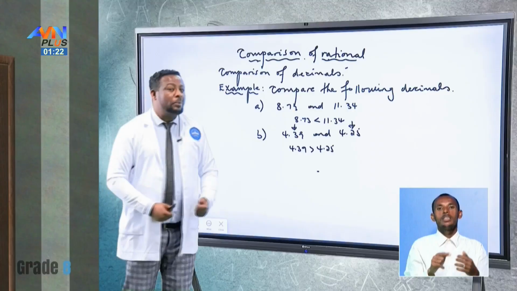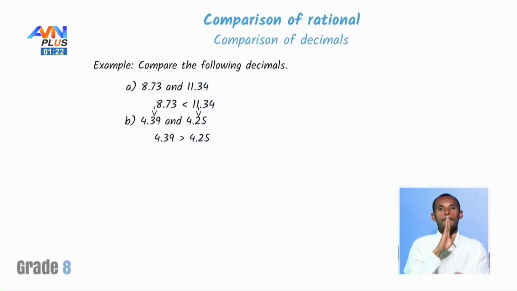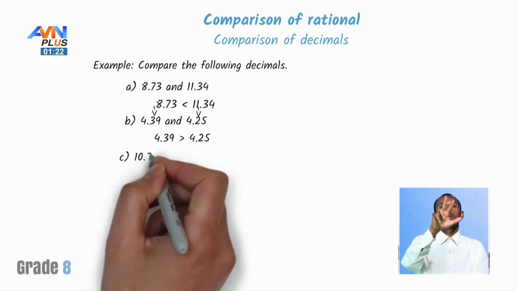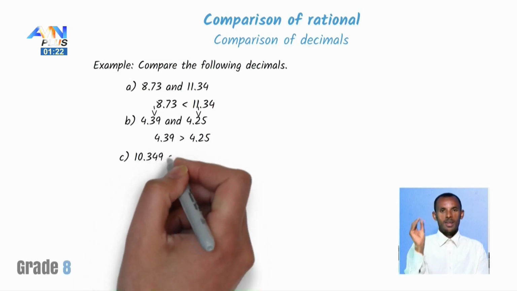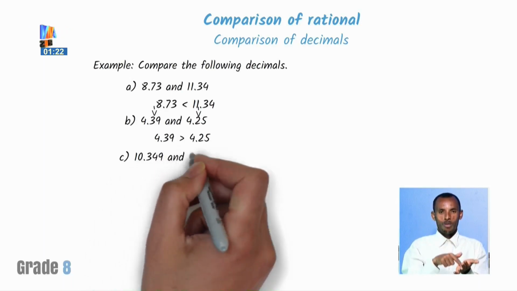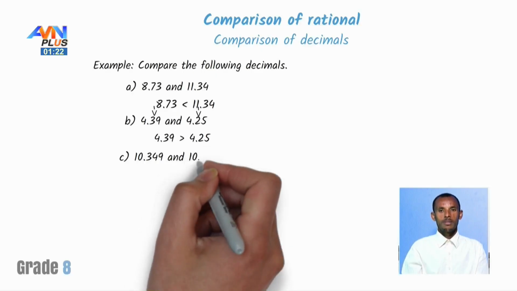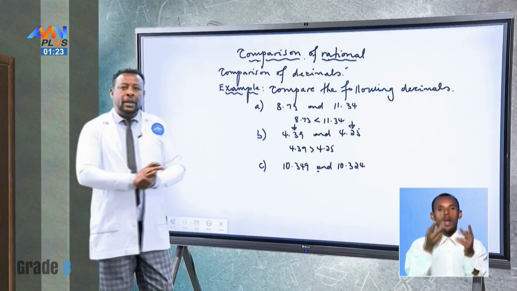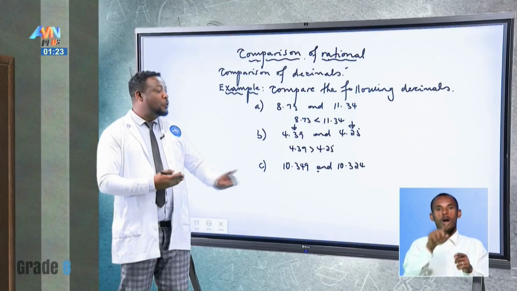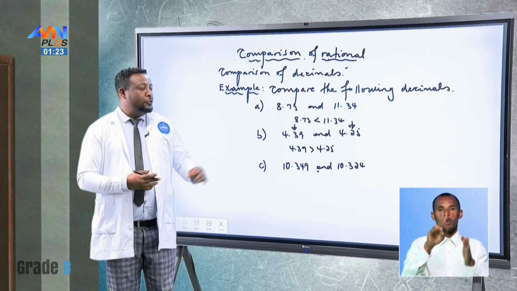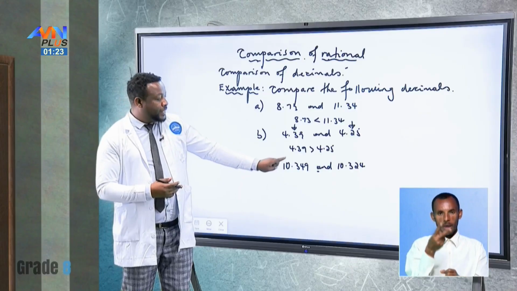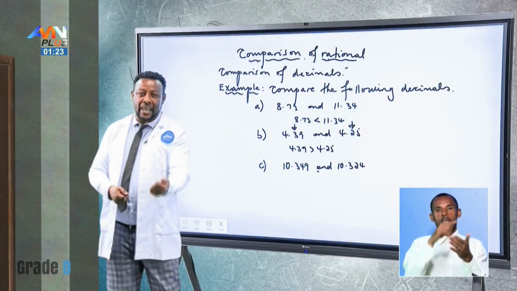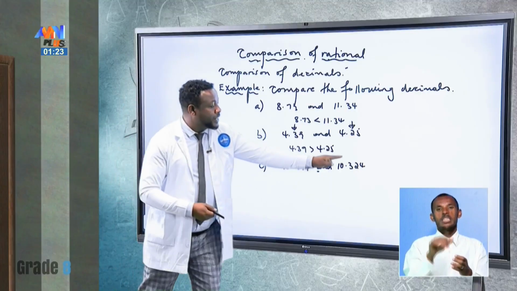The other example can be, say, we have 10.349 and 10.324, okay? Whenever you are asked to compare these two decimals, you need to see the hundreds digit because their integer parts are the same, their tens digits are the same.